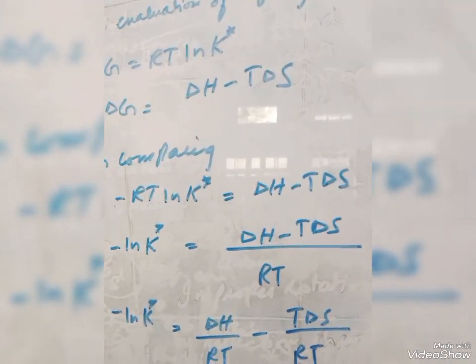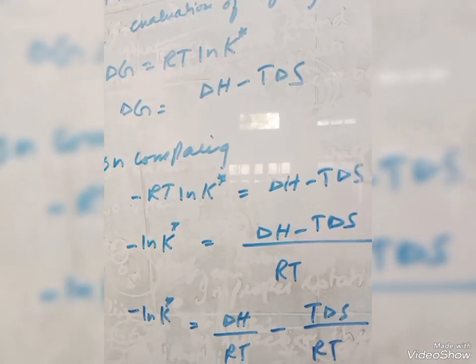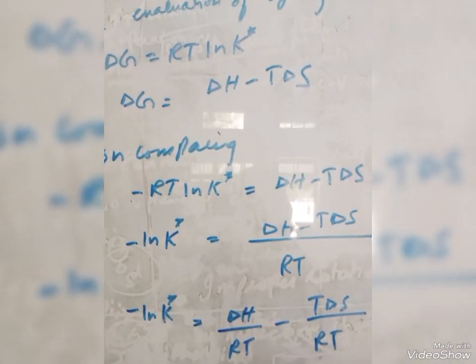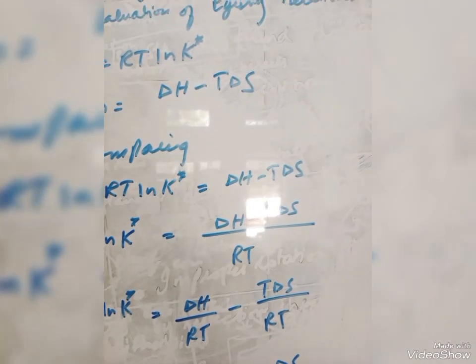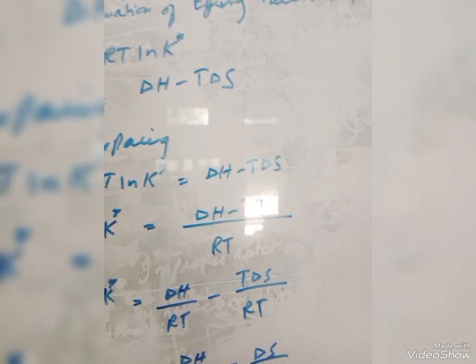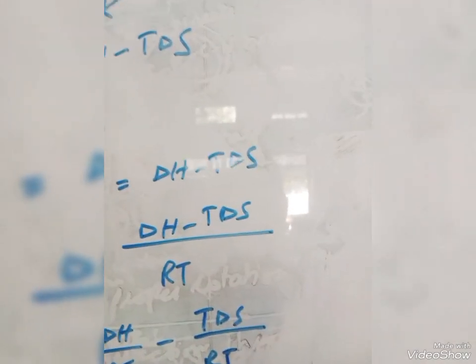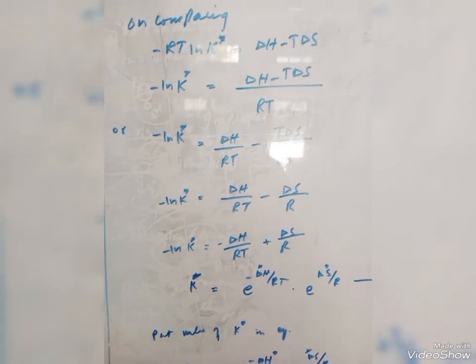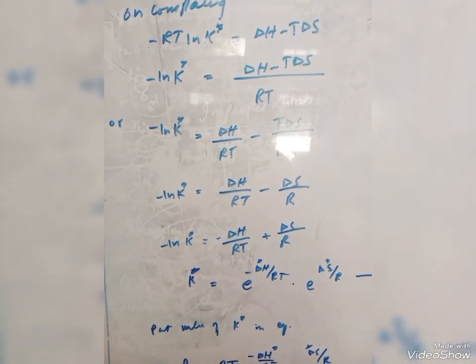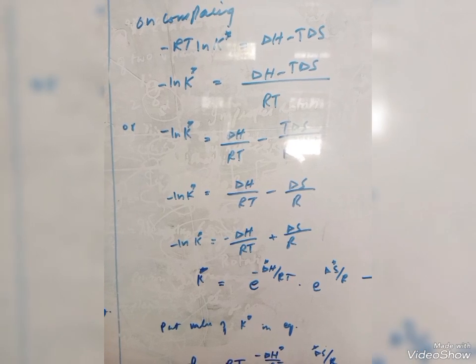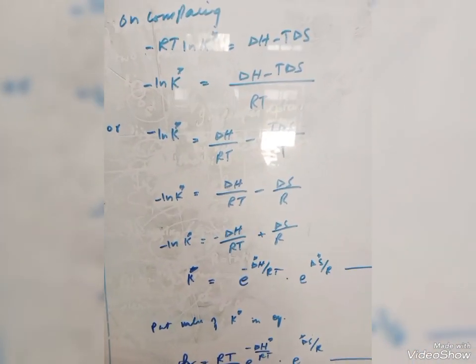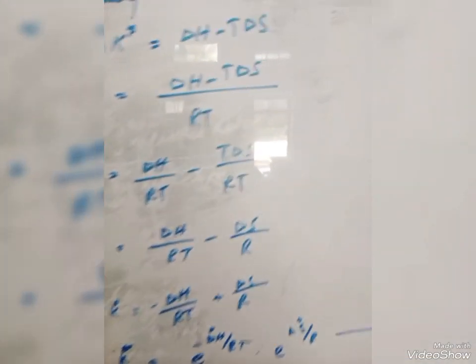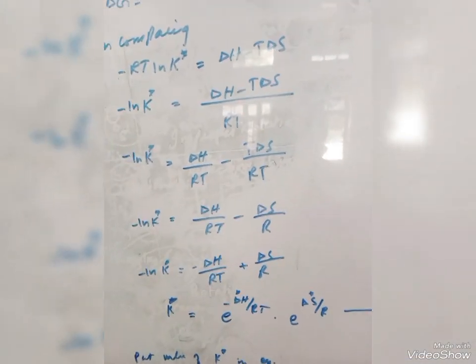From this equation, going forward and putting out the value of ln K star, the value will be delta H minus T delta S divided by RT. These are basically progressive steps in which the values of delta S and R were calculated.